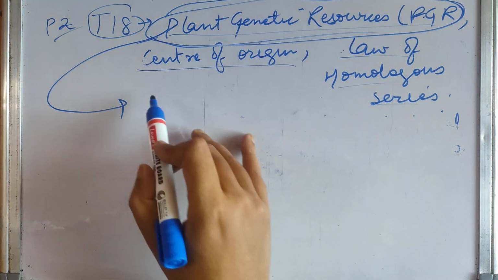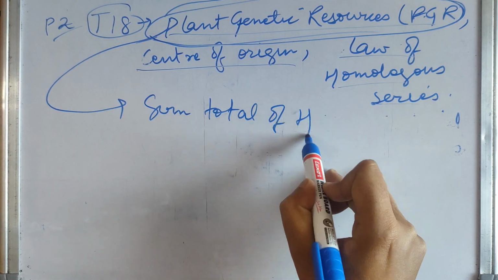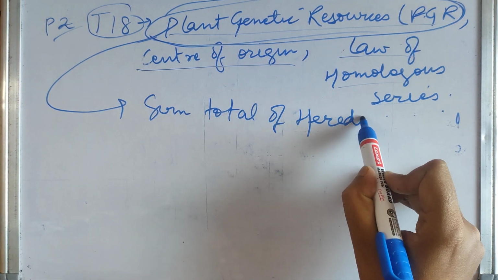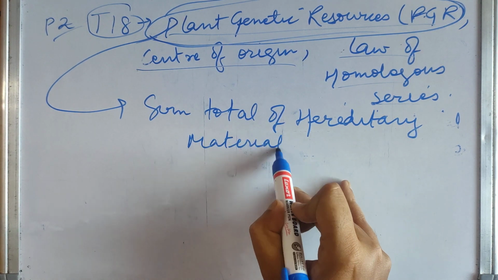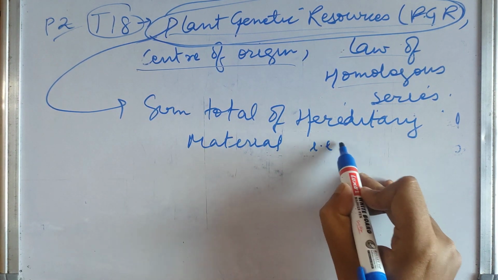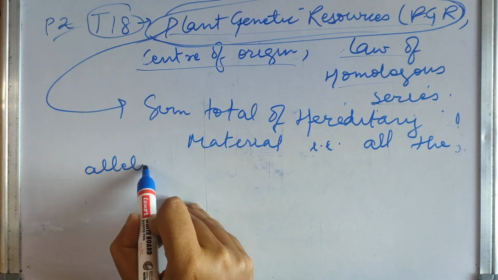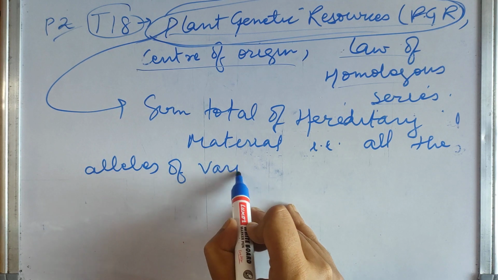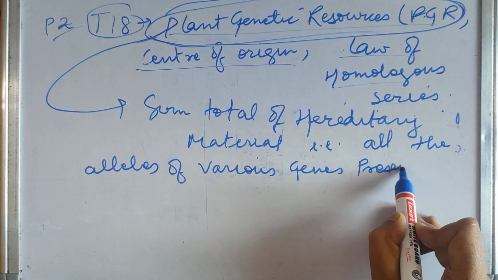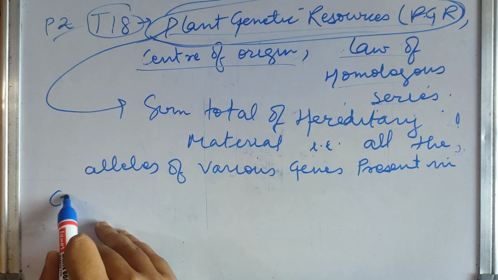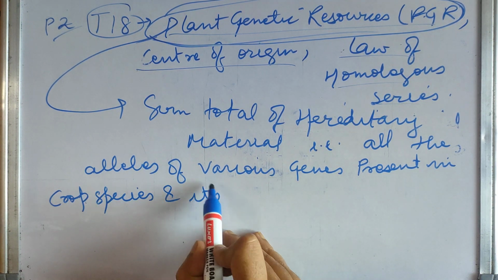It is the sum total of hereditary material, that is all the alleles of various genes present in crop species and its wild relatives.